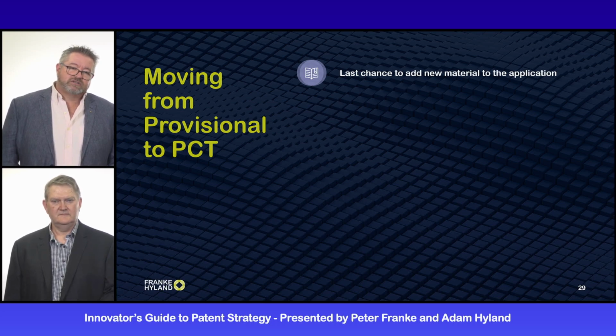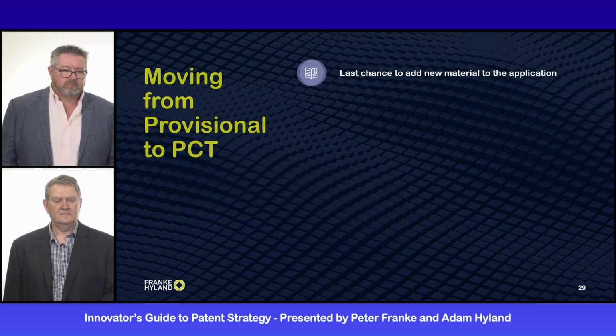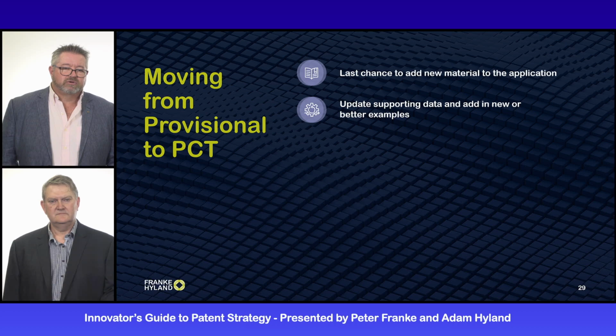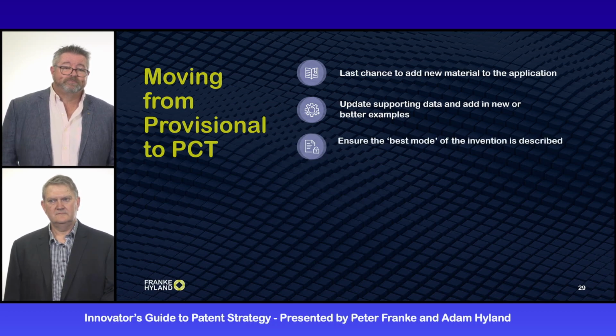A provisional application filed before that has really got to explain and capture our best understanding of what the invention per se is, but we can still add more data and more and better drawings or flow charts or process conditions to our PCT applications to more fully flesh out the best aspects of our technology. So we'd use that opportunity to update any supporting data and add in new and more or better examples of the technology in action.